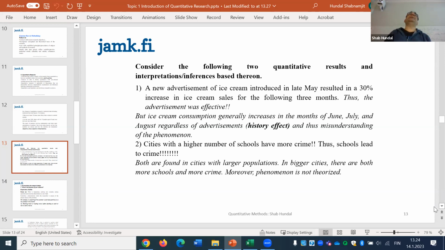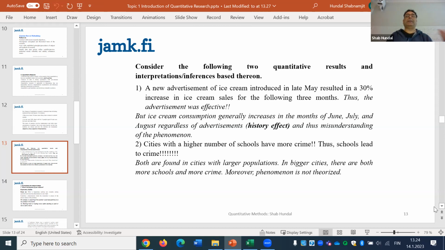To me, interpretation is when you are able to write a numeric calculation in some text form, in some narrative form. So when you are able to write the numbers into sentences, right? That is called interpretation.